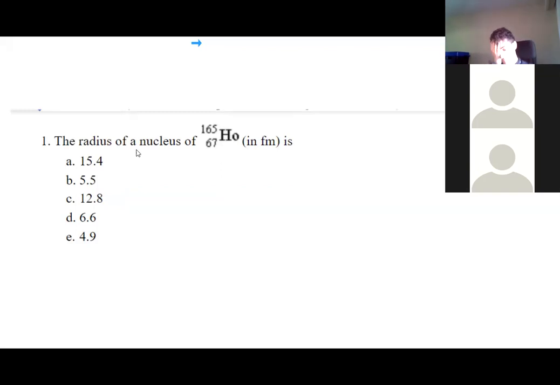Okay, so you want to find the radius of any element. You can just assume we can use the spherical model of the nucleus, and the radius is proportional to the cube root of the mass number A. The mass number, by the way, is always up top, beside the element name. You should know that from chemistry.